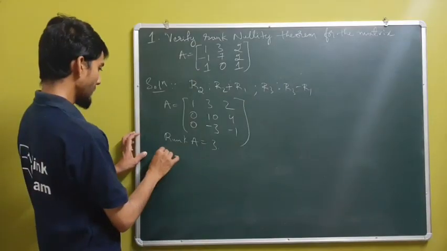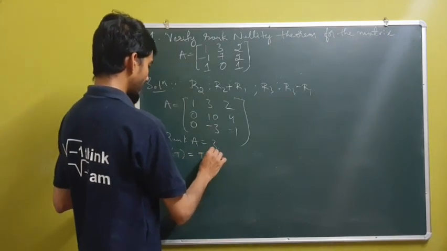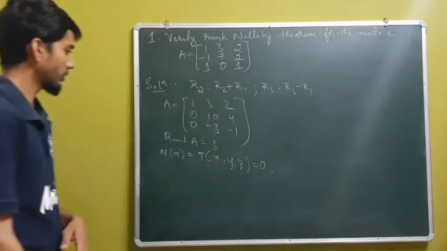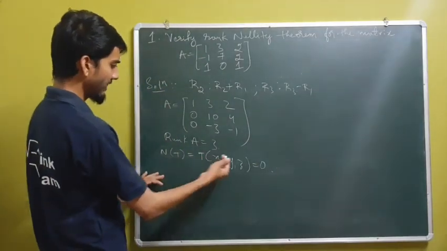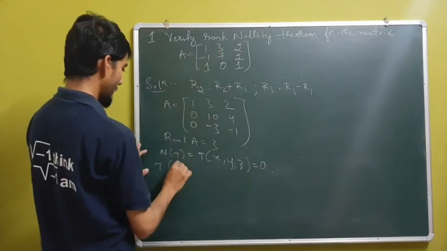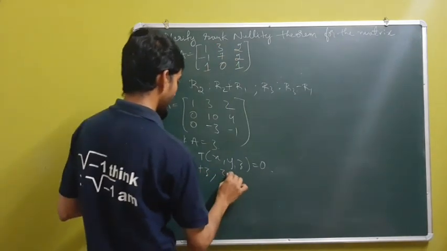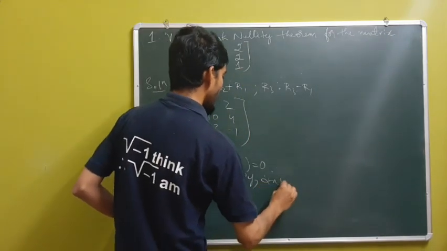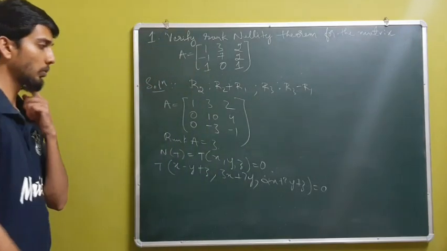And for nullity, we will take N of T, which is nothing but T of x, y, z equal to 0, since this is a 3 cross 3 matrix. And to find the linear transformation, this is nothing but T of x minus y plus z, comma 3x plus 7y, comma 2x plus 2y plus z equal to 0.